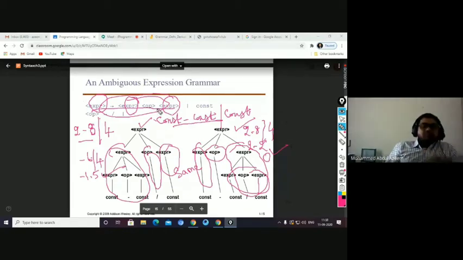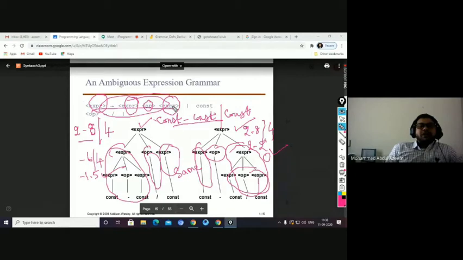This is also a recursion. When do I say the rule is recursion? When the LHS part is available on the RHS part. This is recursion anyway, but this is said to be two-way recursion, because this is a binary operation. A binary operation requires 2 operands, left and right. Both left and right operands are equal to the LHS part. So there is a possibility that you may expand this first or this first.